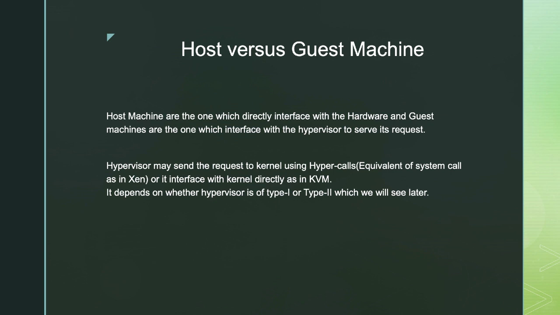Now, what is a host and what is a guest machine? The physical machine on which the operating system is installed, that is the host, and the guest is an extra machine or operating system which you have installed on top of that. Let's assume this is my MacBook. On my MacBook I have installed VMware Fusion, which is the equivalent of VMware Workstation on Windows. For Mac it's a separate software called VMware Fusion.